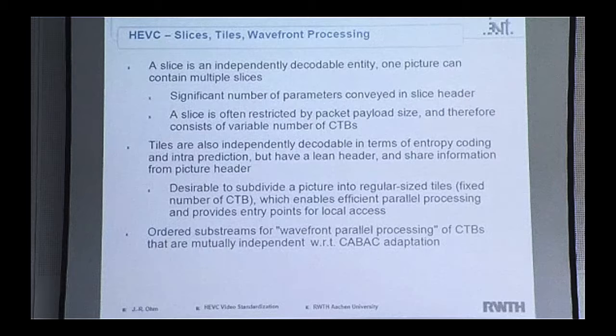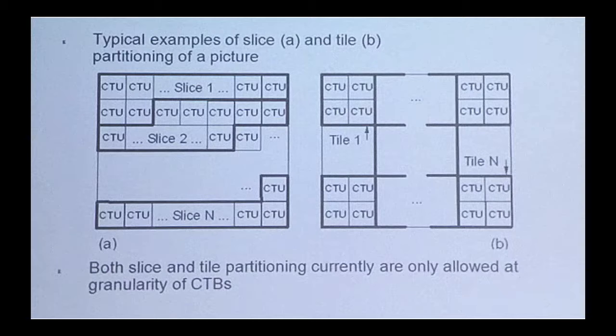Something about parallelism. I told you in the beginning that HEVC gives very good support for parallel operations. Firstly, we have the good old slice structure. A slice is often used for packet-oriented transmission. You need to bundle data into a packet.